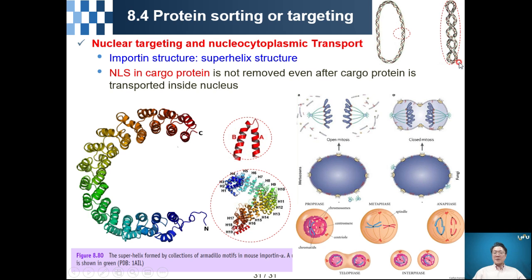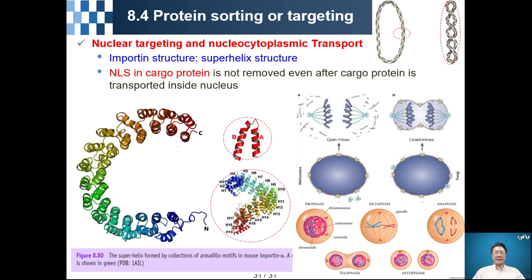For example, each subunit has a helical structure, and after they combine together, they also make this kind of helix structure. We call it a superhelix structure.